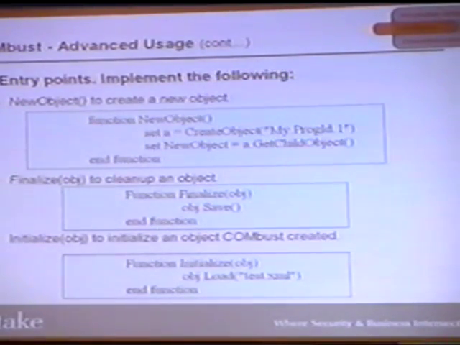The third one is a way to get around the limitation of initializing an object. For example, Microsoft's XML object has limited value until you load or properly create an XML file. Therefore, you can call Combust and tell it, combust that XML object, but call my function initialize before you actually start.